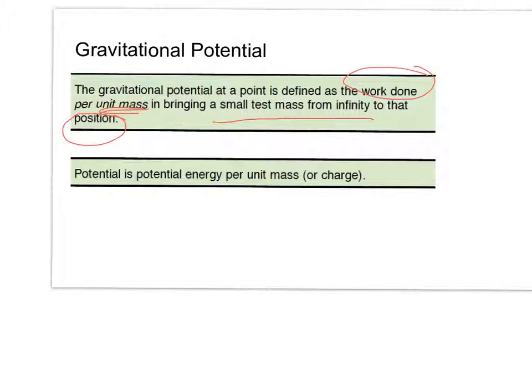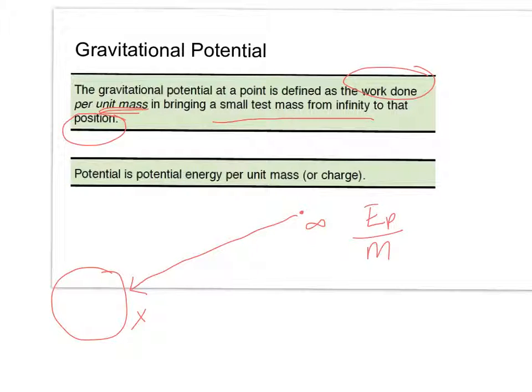So pretty much what we're dealing with is potential energy, because that's what potential energy was. The work done bringing an object from infinity to some point x. Now what is different about this is that it's the potential energy over the mass of the object. The work done, remember, and the potential energy are equivalent to each other.